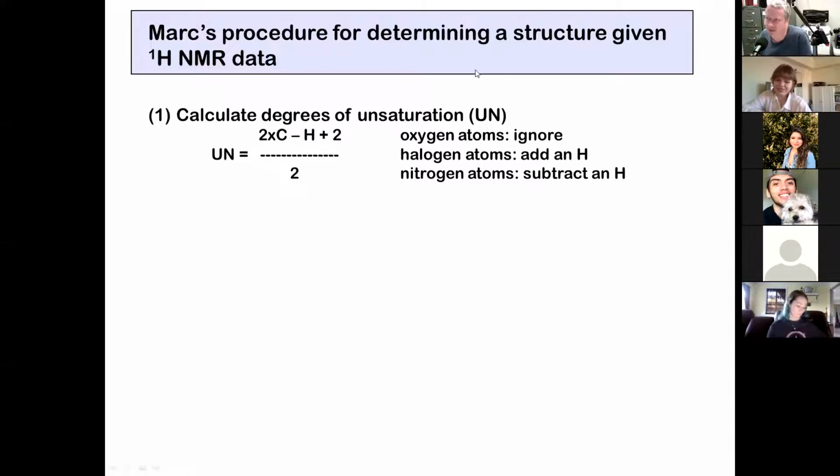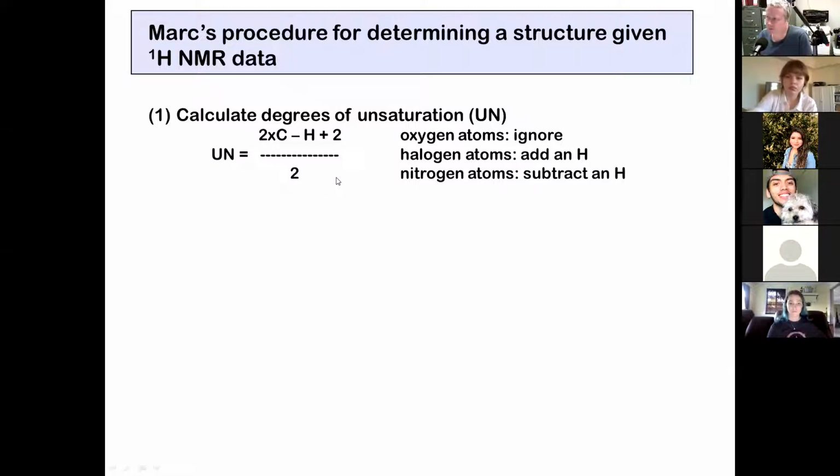Okay, so the first thing we need is you to be 100% competent on degrees of unsaturation. This is something I brought up in my Organic 1 lecture kind of at the end. We didn't really go through it that much, but you need to have this down. And if you can't do degrees of unsaturation, you're going to be completely lost. So this is the strategy. The degrees of unsaturation is equal to 2 times the carbons minus the hydrogens plus 2, and you divide everything by 2.